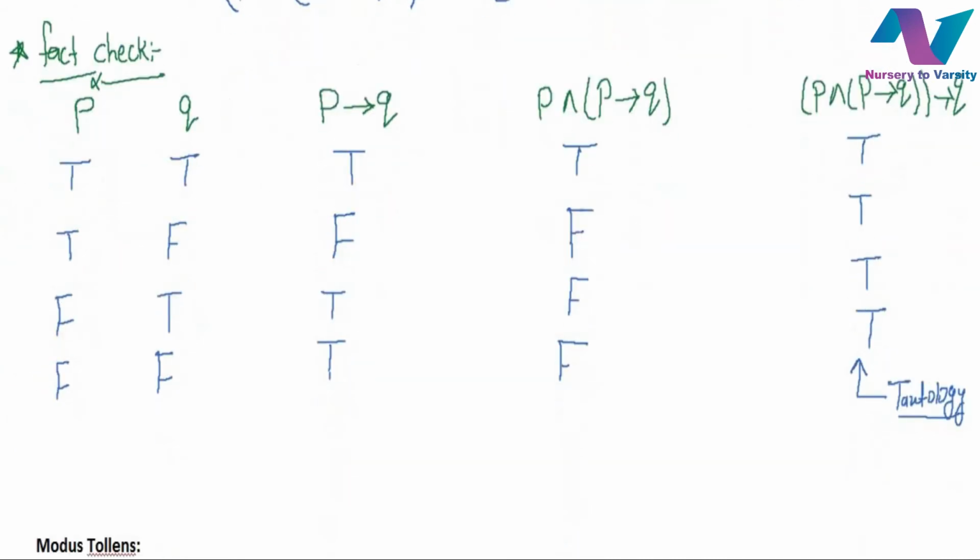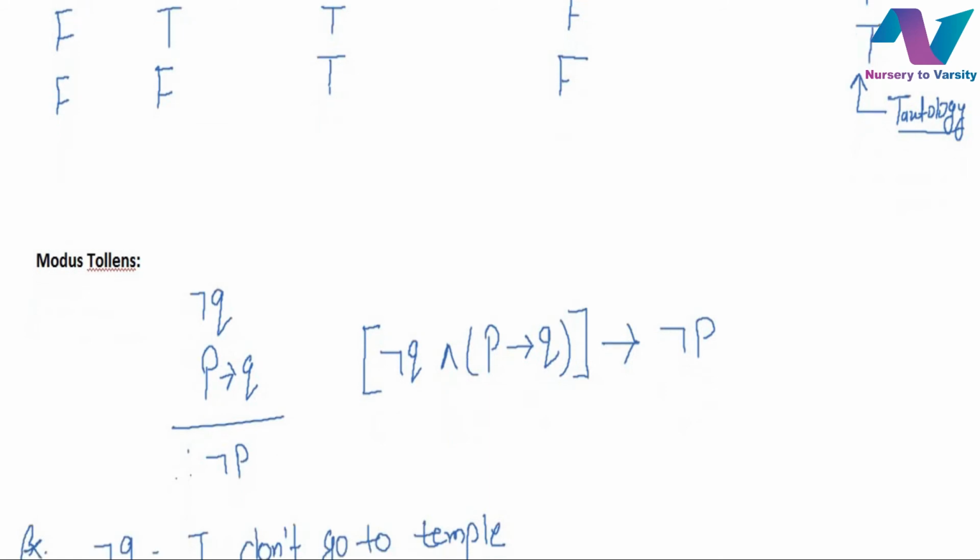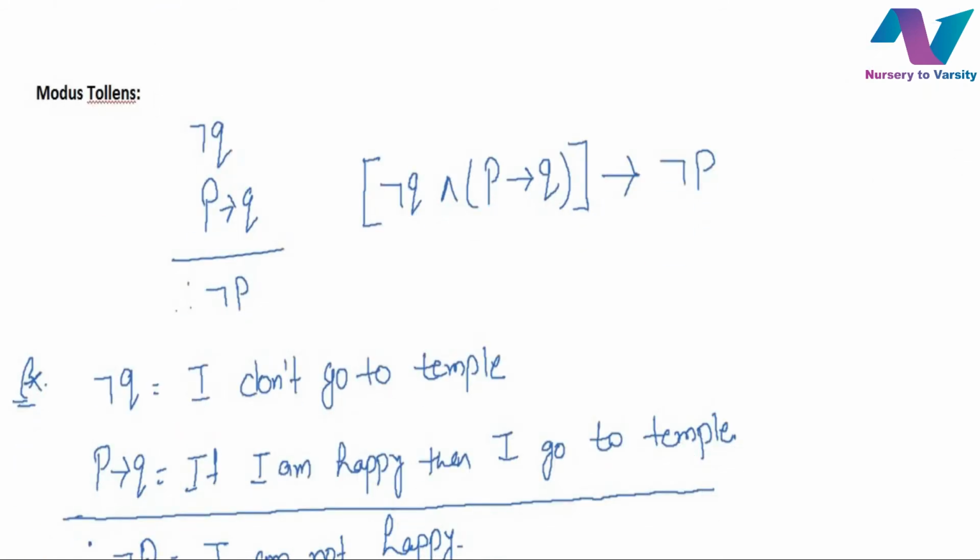Now we are moving toward modus tollens. In modus tollens we have negation of Q, P implies Q, and we conclude the negation of P. So if the negation of Q is considered true and P implies Q is also true, then in these circumstances we can consider the negation of P to be true. Let's understand this with an example.